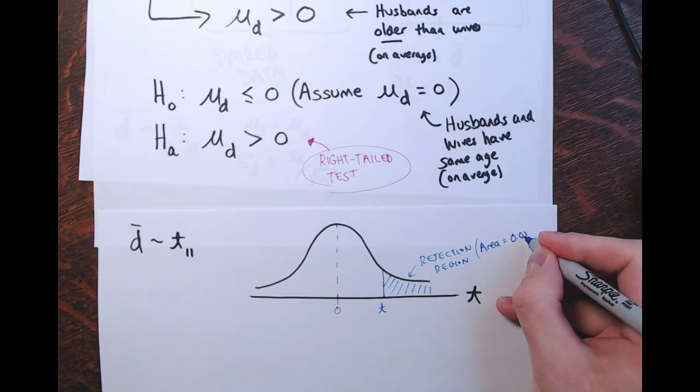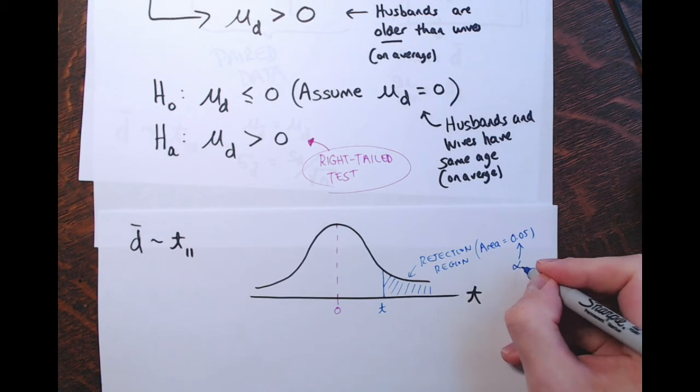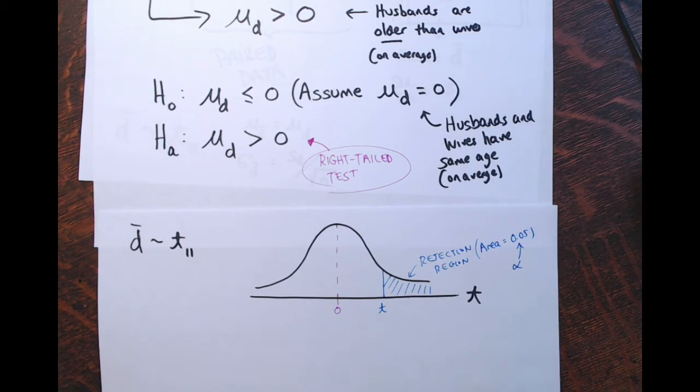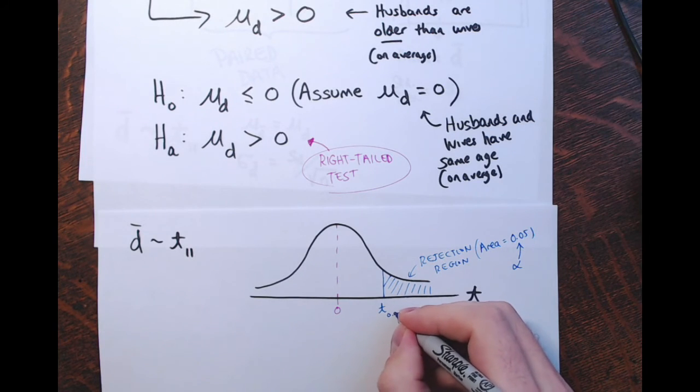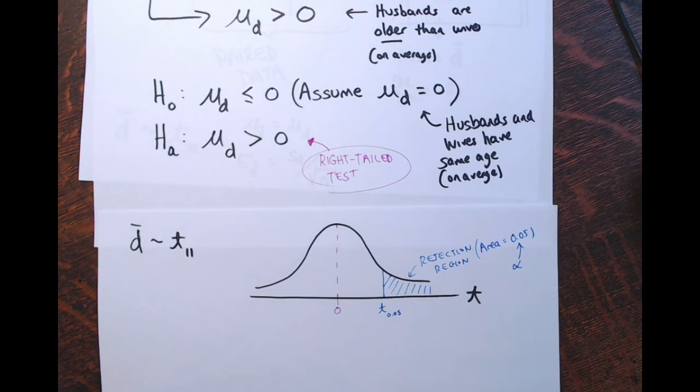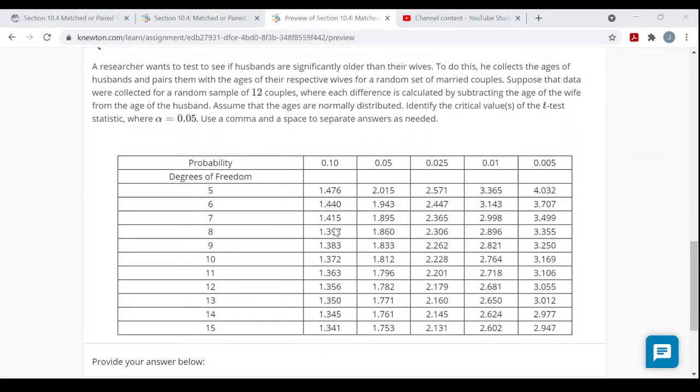And they told us alpha was 5%, right? The value of the significance level. So I'm basically looking for a t with a subscript of 0.05, right? What's the t-score with 5% above it? And that can be found from our table. You can use a calculator as well, but I'll just use this table they're providing.